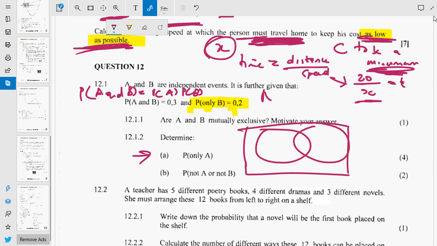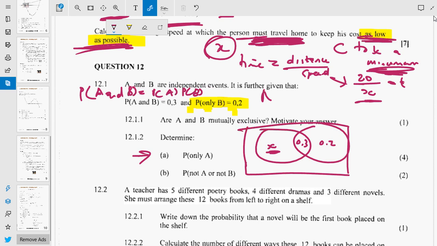So the probability of A and B is 0.3 and the probability of B only is 0.2. I'm going to say that this is equal to X. They're looking for X because X is the probability of only A.